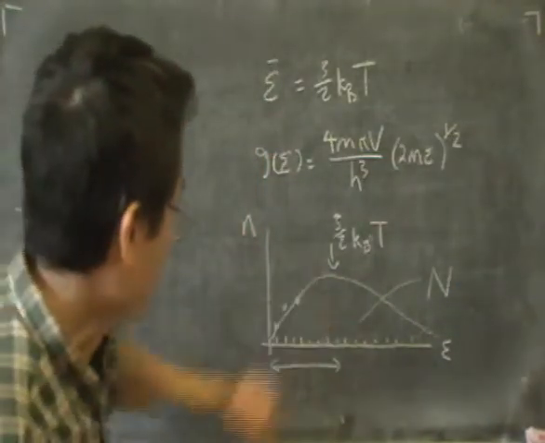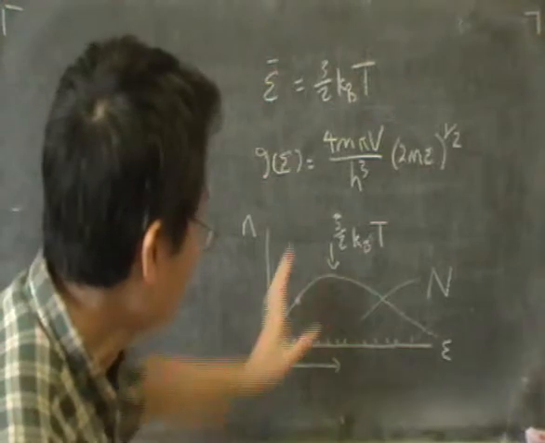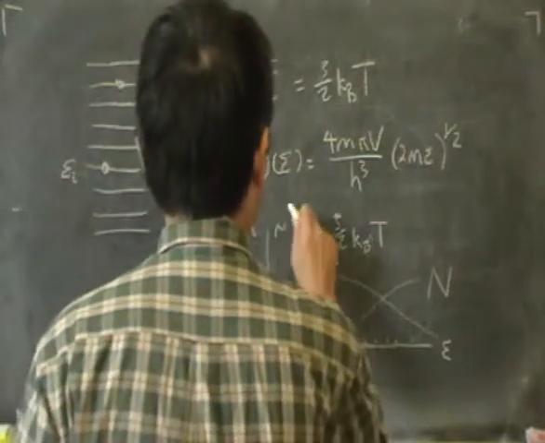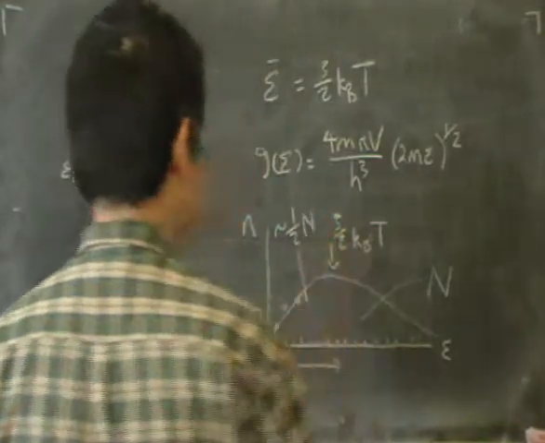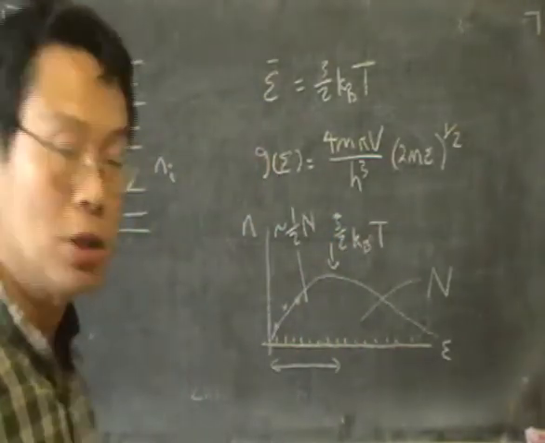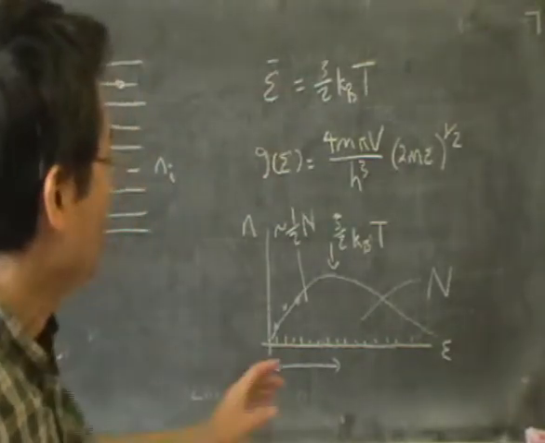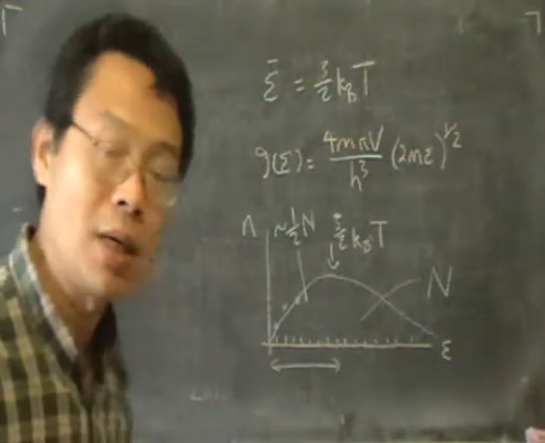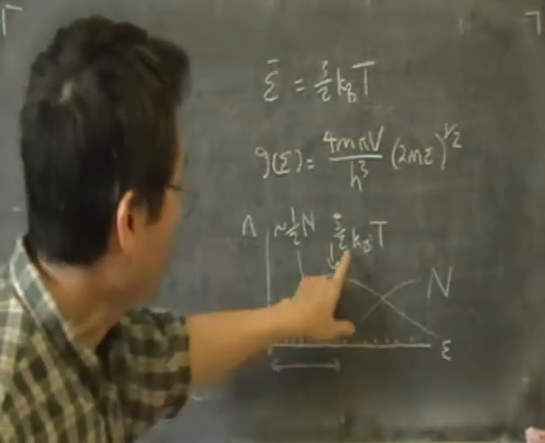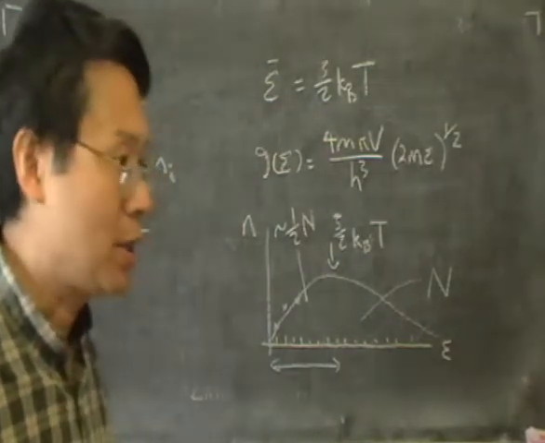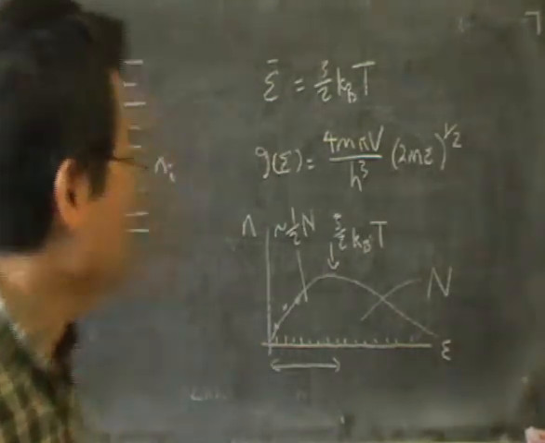So let's look at this. Now, on this side of the average energy, there are about half the number of particles. Now, that is not exactly true. Right? In fact, we can actually calculate the energy below which there are exactly half the number of particles, and the answer will be slightly different from the average energy by a small fraction.